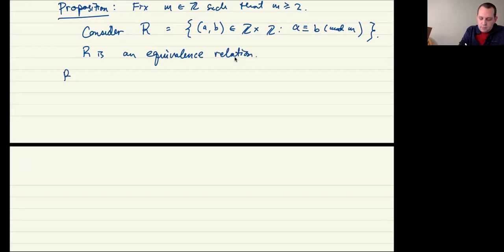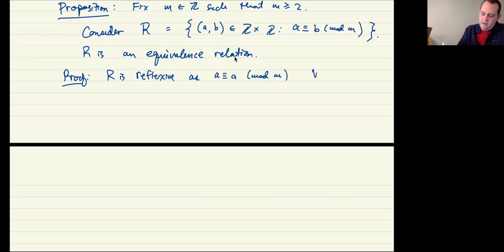So first we need to prove that R is reflexive. R is reflexive as A is congruent to A mod m for all integers A. I better write for all because this is supposed to be a nice proof.